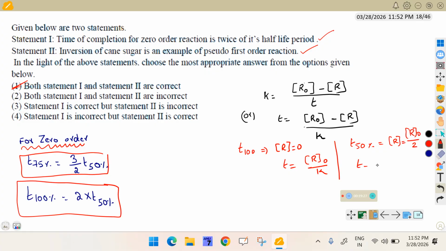Substitute, then T is equal to R0 by 2K. Based on this, this is for T100%, this is for T50%. Based on this, the first option is the correct option.